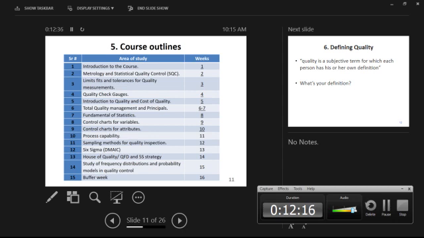Study of frequency distributions and probability models in quality control. For quality control models, you must know about frequency distributions and probability distribution models. I will give some information regarding how you can find the frequency distribution and how to use the probability distribution, for example if it is uniform.